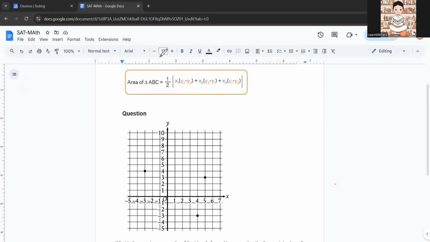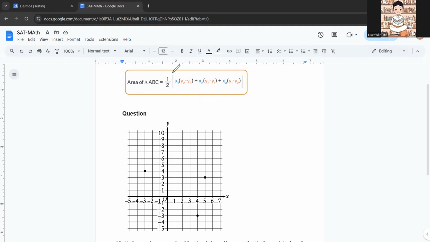Now, x1 times y2 minus y3 plus x2 times y3 minus y1 plus x3 times y1 minus y2. And whatever you get, if you get a positive value or a negative value, take the positive value. For example, this whole thing comes out to be negative 23. You have to take the absolute value, which is 23. Then you half it.